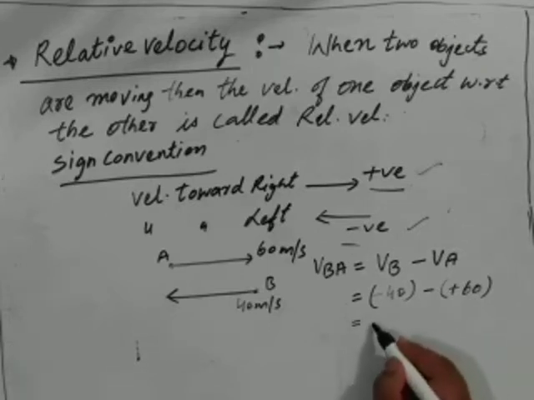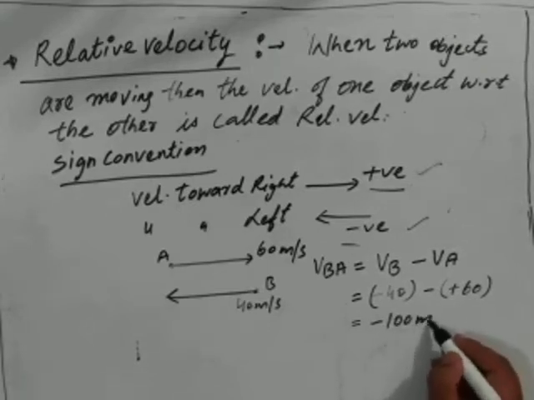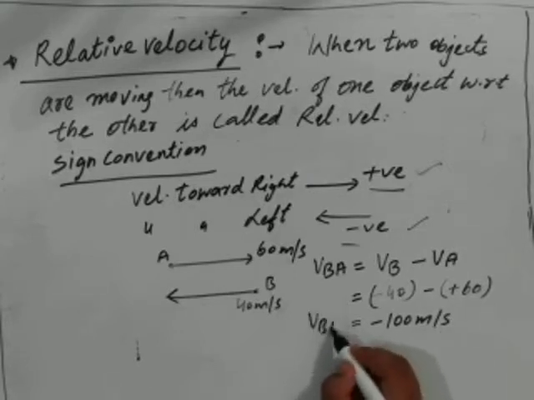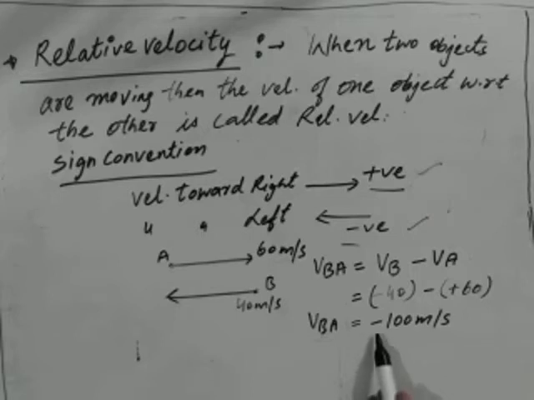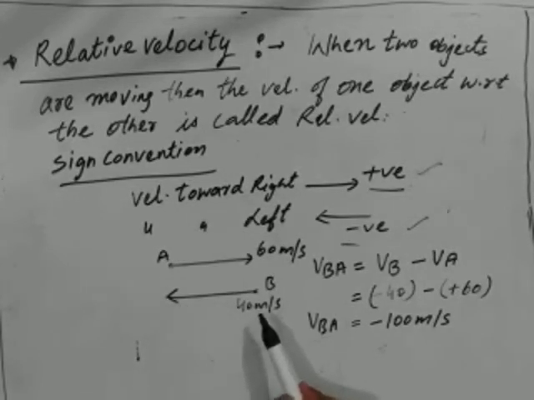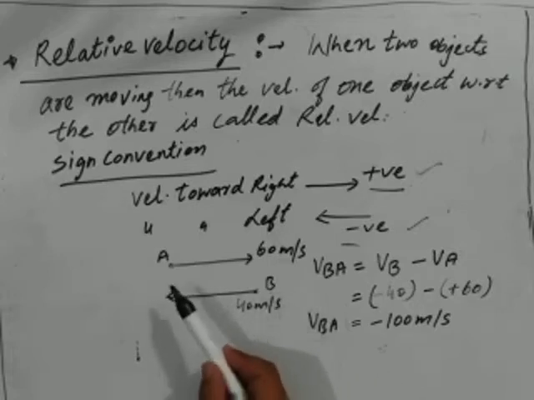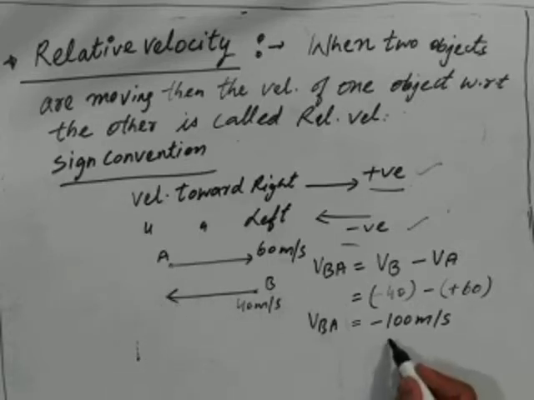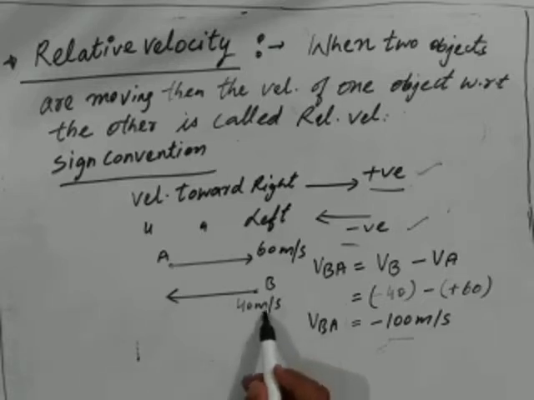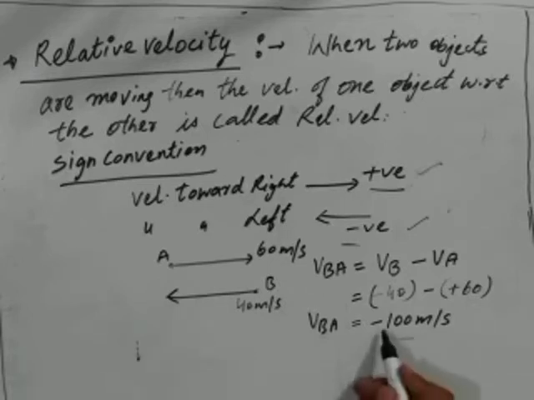So the total velocity becomes minus 100 meter per second. Now this negative sign shows that the velocity of the object B appearing to object A will be 100 meter per second, and the object B will appear to come towards object A, so the sign will be negative.